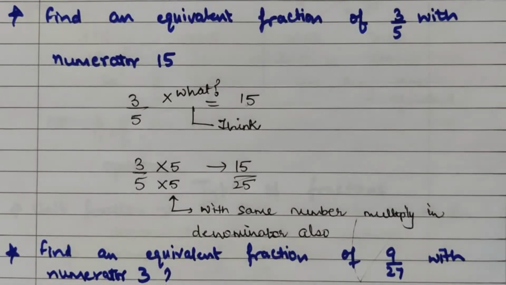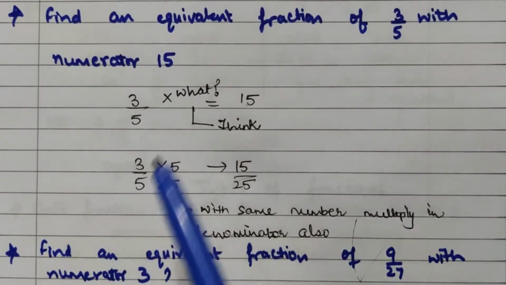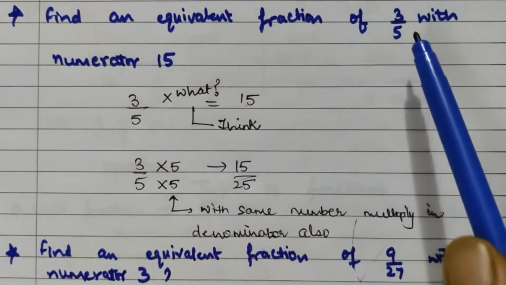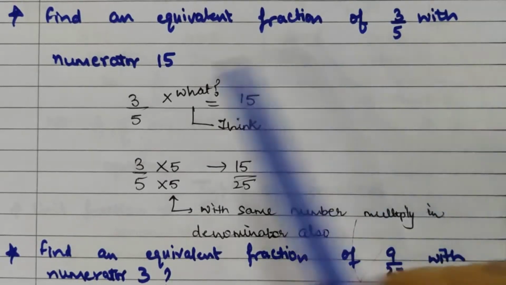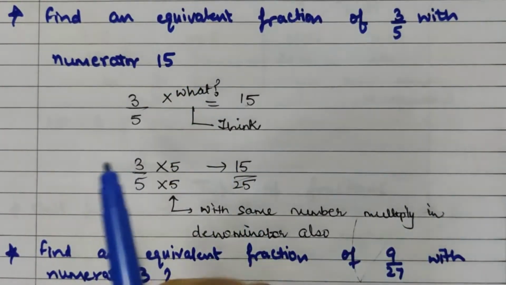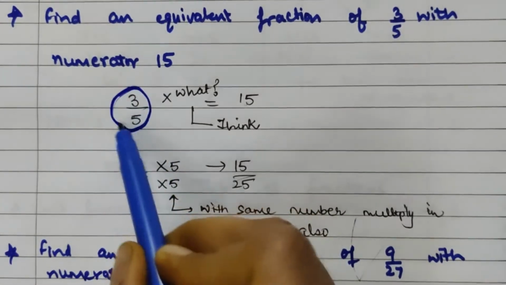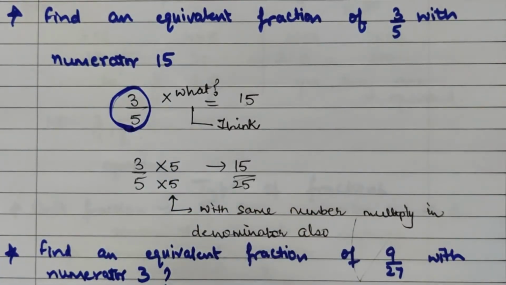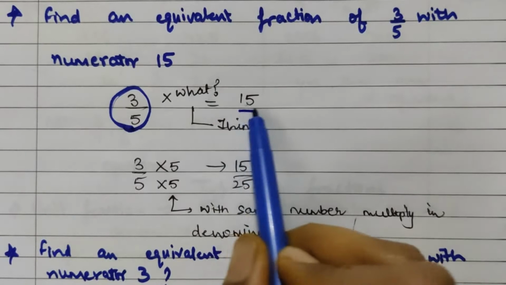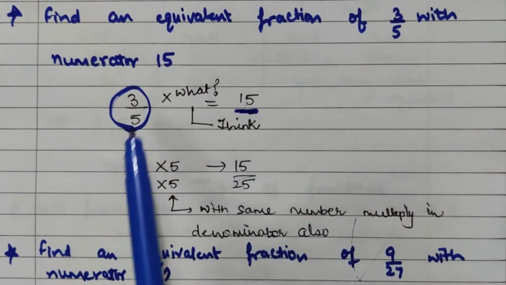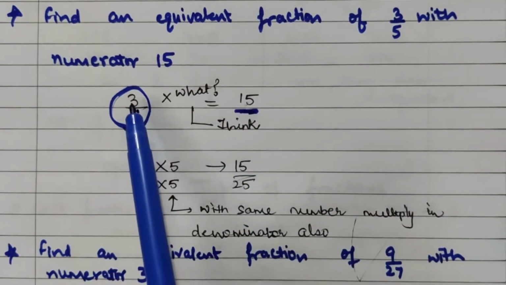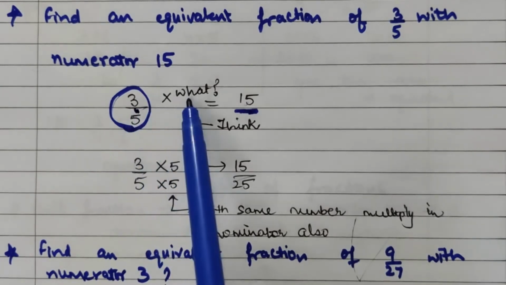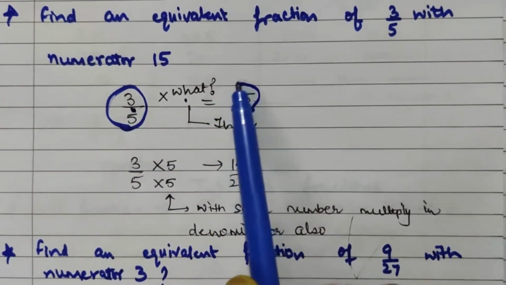Let us discuss one example. Find an equivalent fraction of 3 by 5 with numerator 15. Now see, 3 by 5 we have a fraction and we have to make the numerator 15. So we have to multiply 3 with what number so that we get 15?